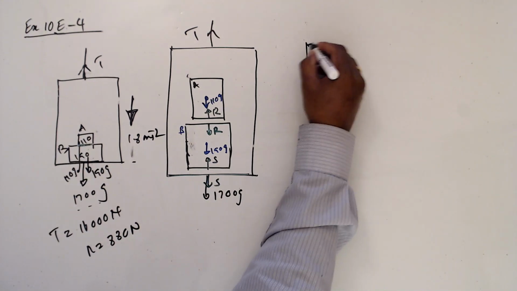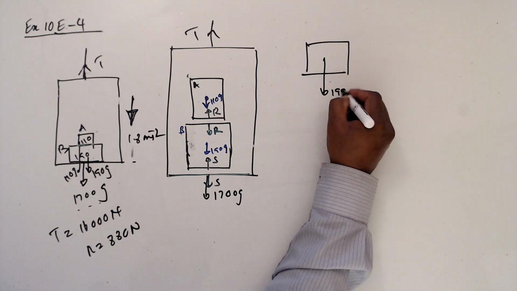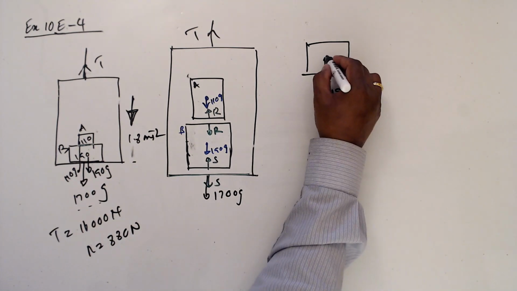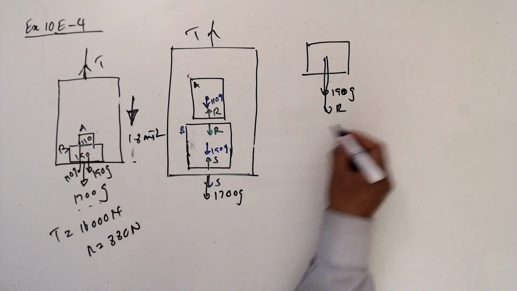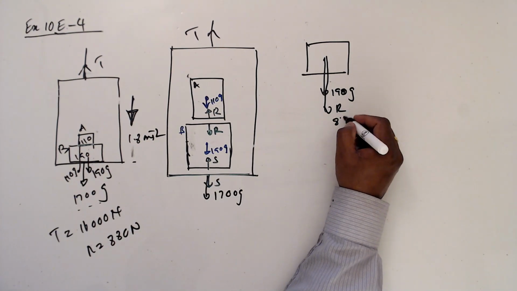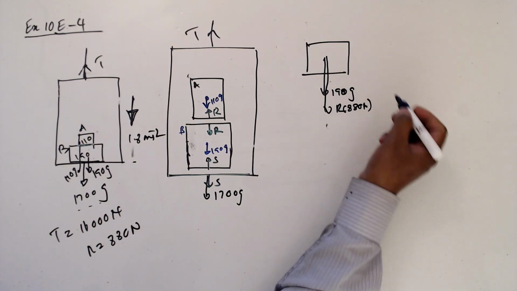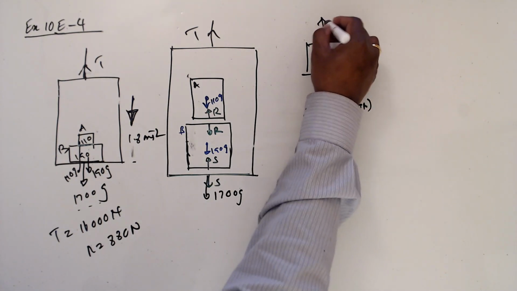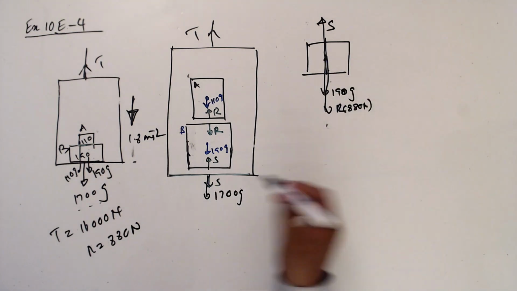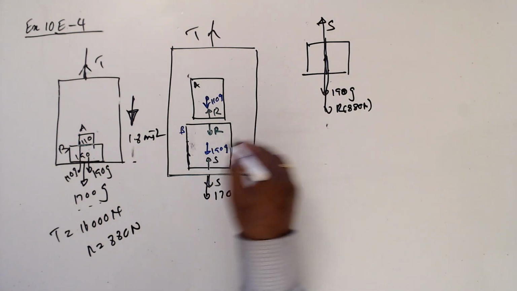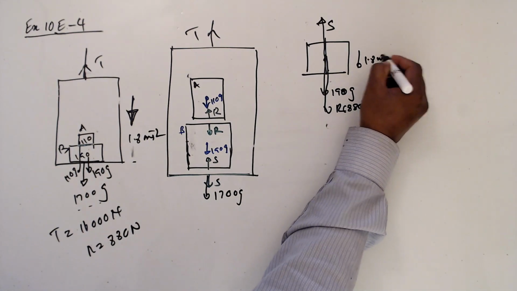So this is B. It has weight 190 g, and also another force, R, 880 Newton, and another force S. S is upward, R is downward. Now it is moving down with acceleration 1.8 meters per second squared.